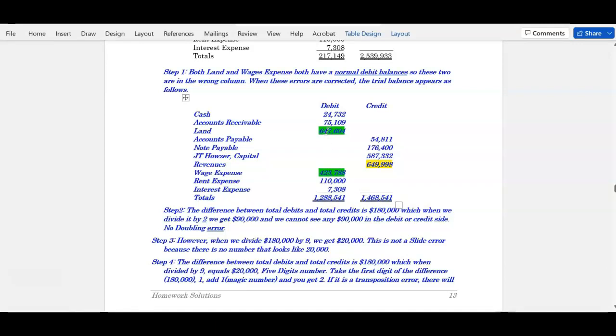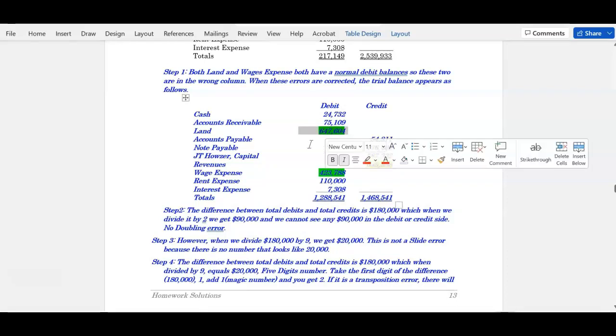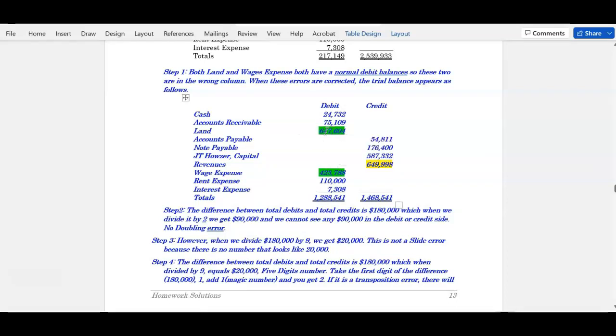Okay. Tell me, if I change 4 and 6, does it become a smaller number or larger number? So if I change 4 and 6, instead of 647,000, it will become 467,000, and it gets smaller. Do you want this number to get smaller? Of course not. You want to get it larger.